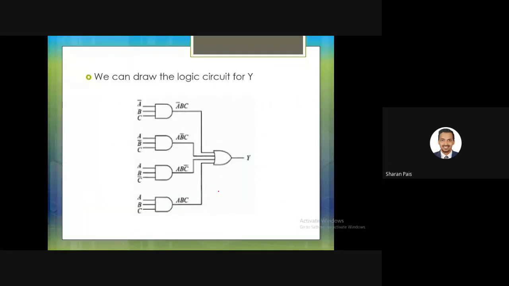So this is the circuit for that operation, means equation. So I have equation y is equal to, what is the first term? We had A bar BC. So A bar BC plus A B bar C, plus something something something.